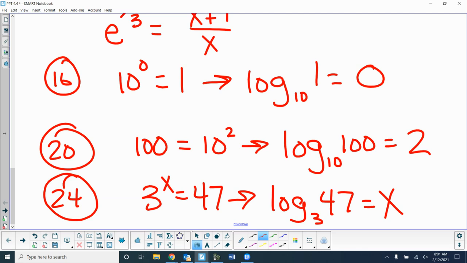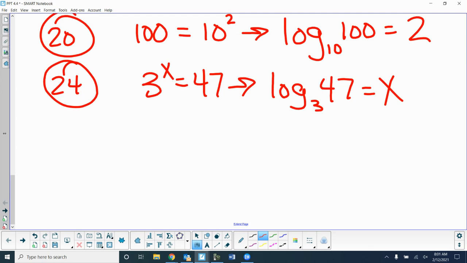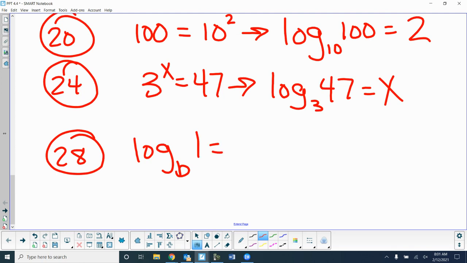24, 28. Log base b of 1. All right? So, again, I always write equals x, so I know what's on the other side. I always think about it exponentially.